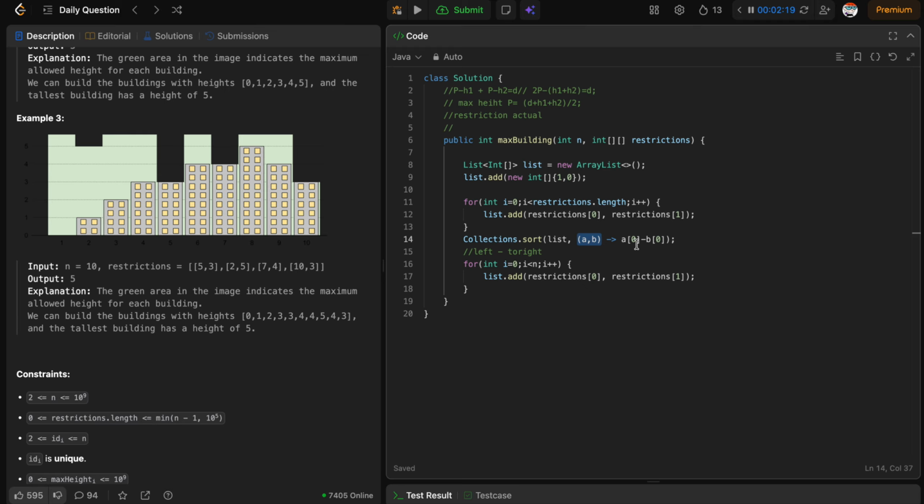Also, as we know that some buildings don't have any restriction, and it can be limited by the distance.